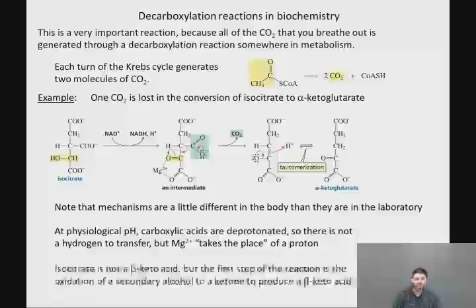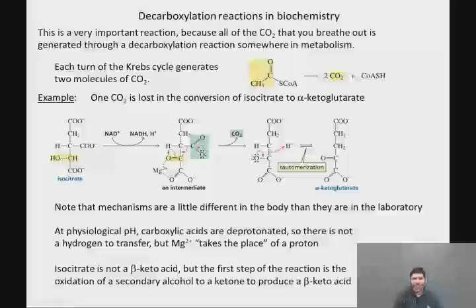There's one more piece of this that I haven't dealt with. I showed you how to get from this intermediate to alpha-ketoglutarate, but this intermediate, which is a beta-keto carboxylate, is not isocitrate.